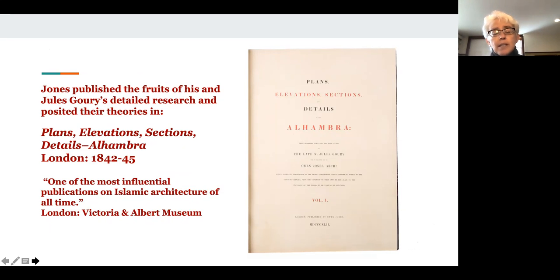And he presented their theories in this publication, Plans, Elevations, Sections, Details, Alhambra. And this was published in 1842, 1845. And the Victoria and Albert Museum calls this one of the most influential publications on Islamic architecture of all time, which is pretty high praise indeed.